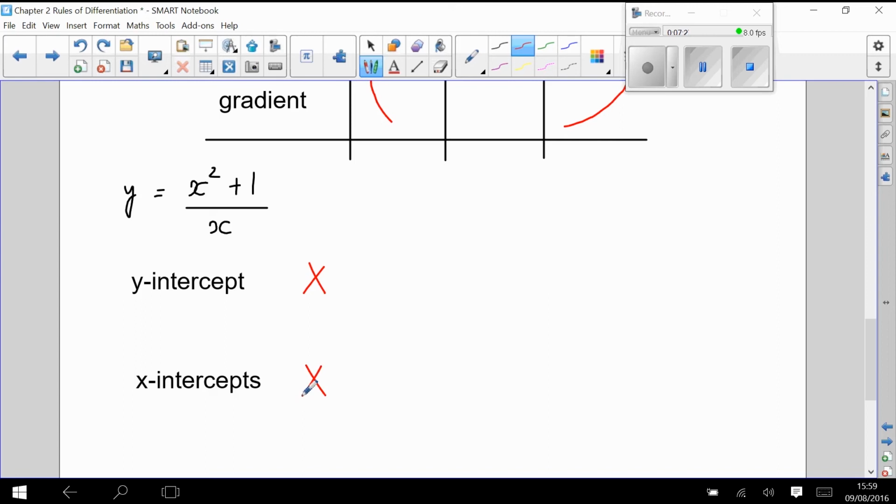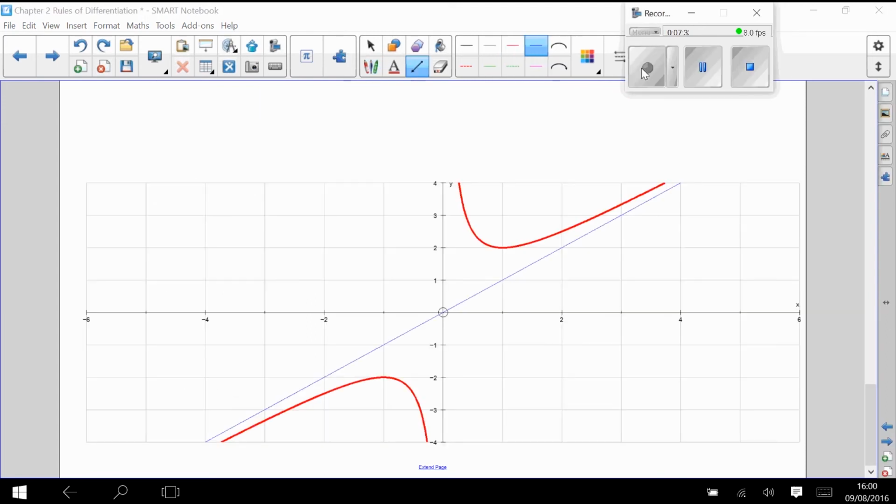I'm now ready to take all this information and to plot it so that I can find the shape of my curve. Remember, the first two things that you want to do are to plot your asymptotes. I've already shown you your oblique asymptote, and then in addition to that, you're going to have a vertical asymptote when x is 0. Then the next thing that you have to do is put in the points where you had your turning points.